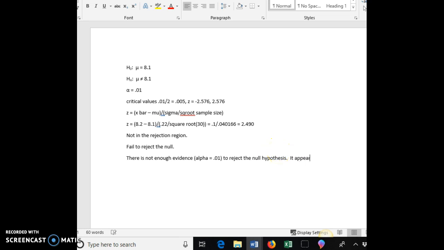It appears that the machine does not presently need to be recalibrated. It appears to be properly filling the jars. All right, and there we have it.